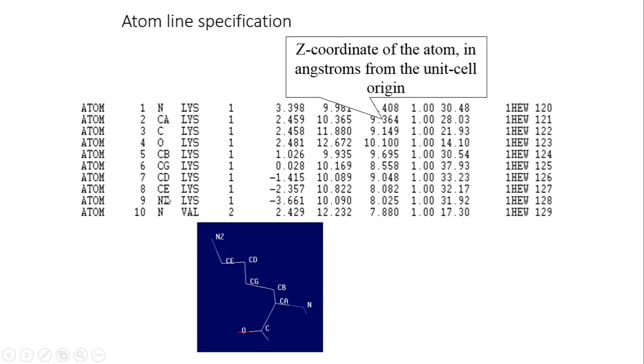So this much structural information, from line number 5 to line number 9 of lysine, is devoted to your side chain, and from the first line till the oxygen, this much information is for your backbone atoms or main chain atoms. As you know, the amino acid residue has two components, the backbone component and the side chain component.